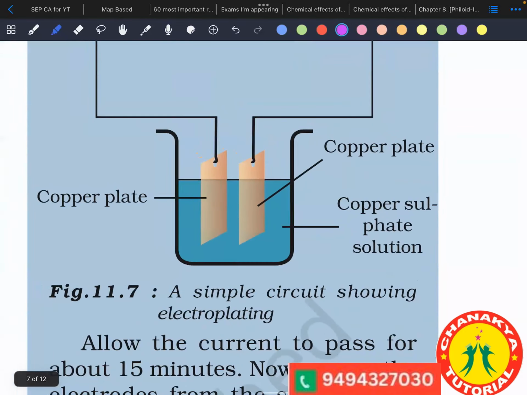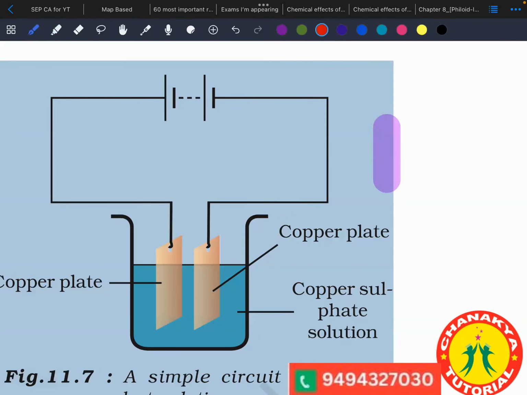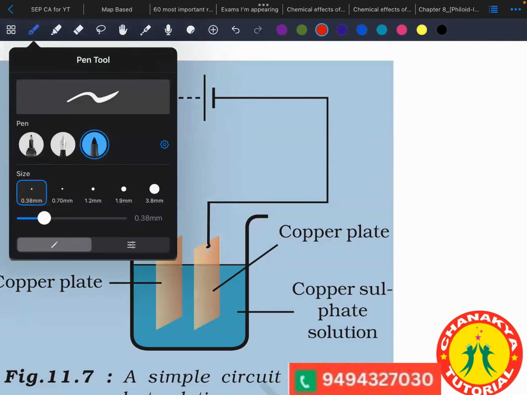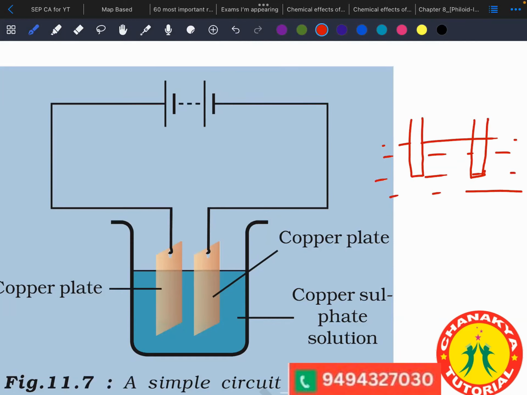Suppose we have two equal electrodes, this is one copper, this is the other copper, and both are in the solution. When electric current passes through it, the solution breaks down into Cu plus 2 and SO4 minus 2.